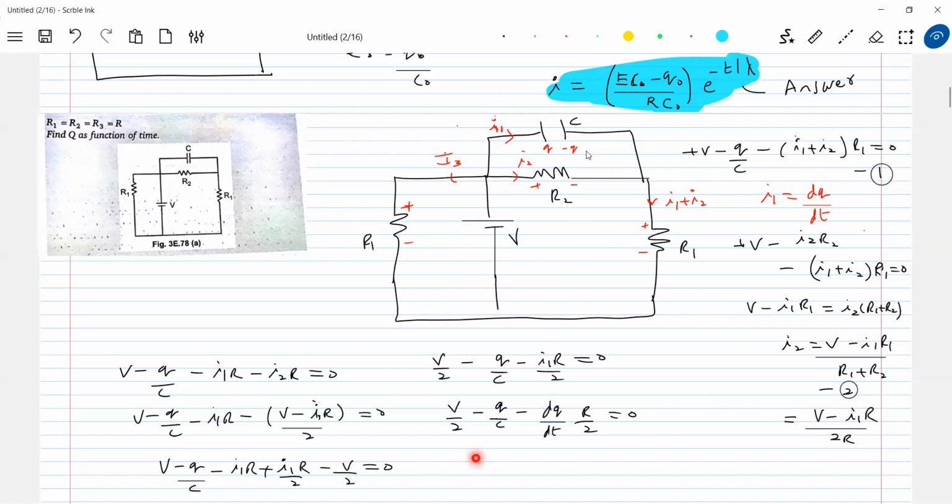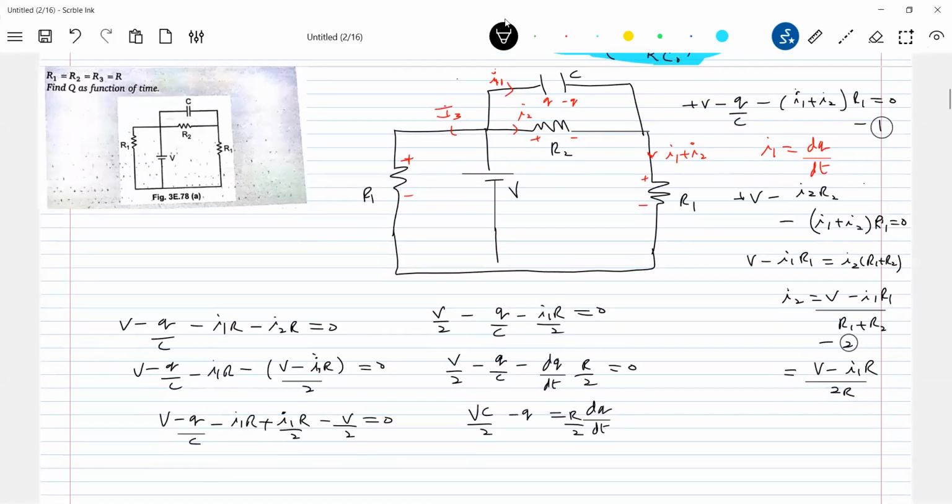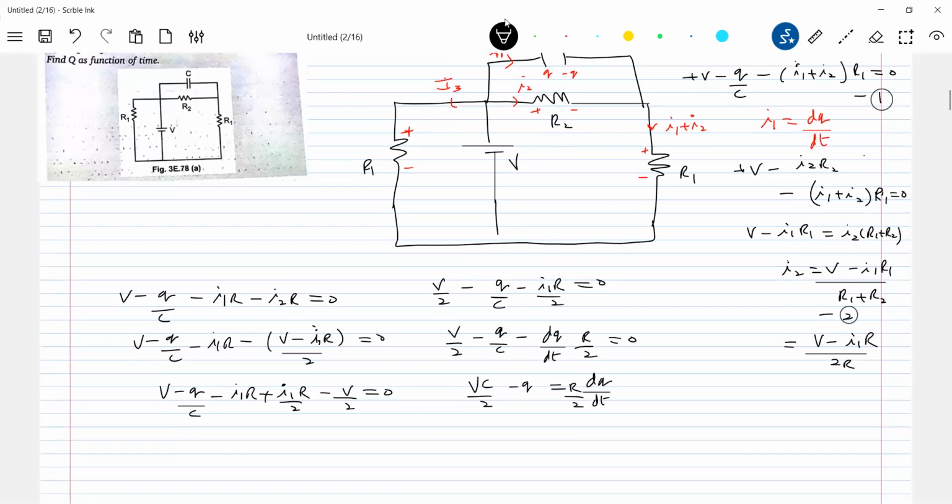So the final simplification, this will be equal to VC minus... so this will integrate. Sir, RC by 2.